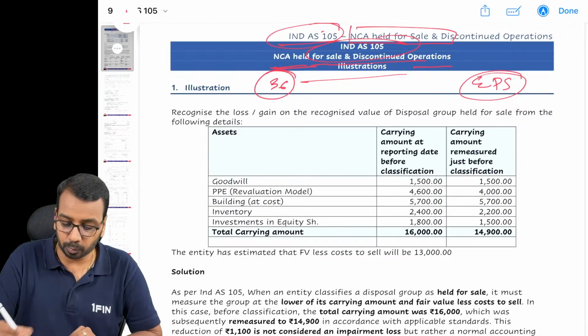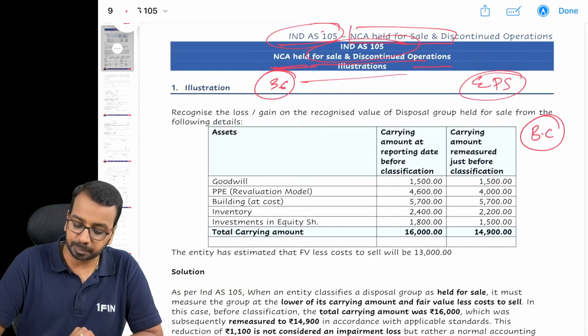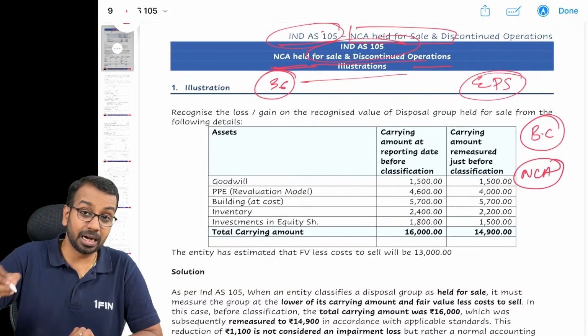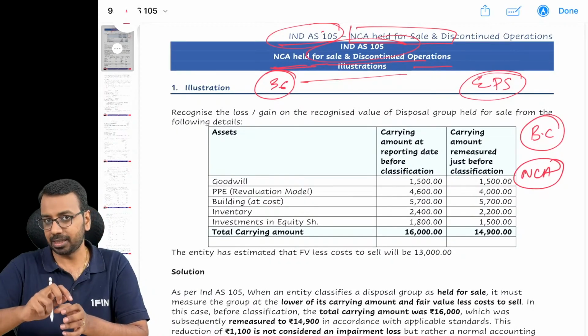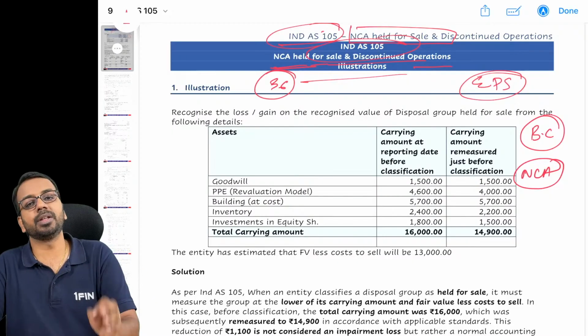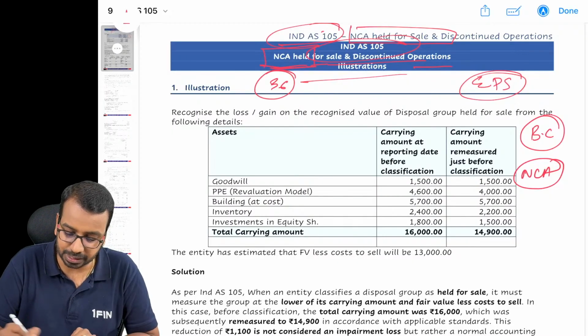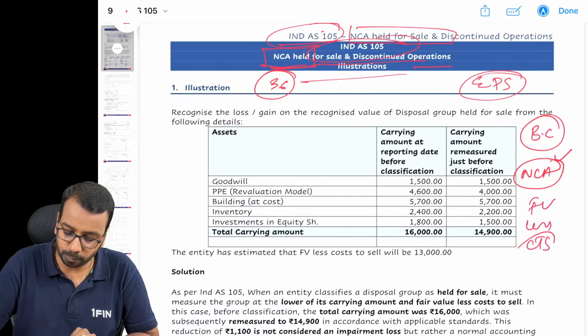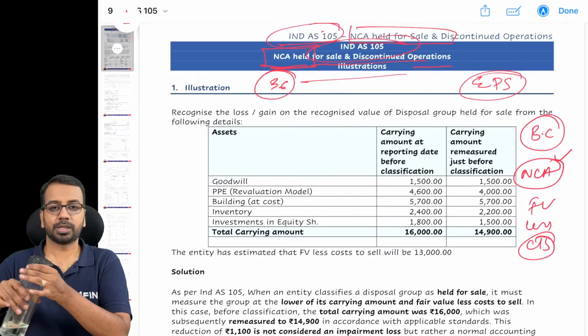Now here, one more thing you have to keep in mind: whenever there is a business combination, then for non-current assets held for sale of the acquiree, that is, when a company is acquiring another company, we value everything at fair value, whereas non-current assets held for sale we will value at fair value less cost to sell.